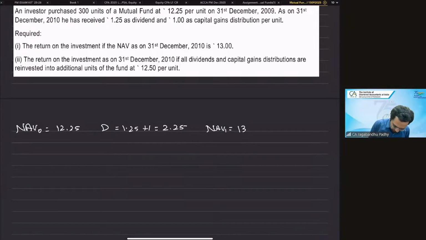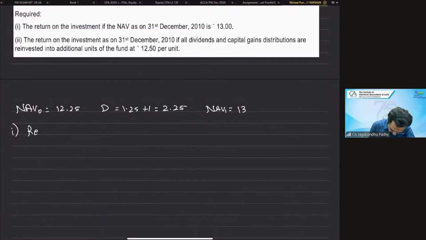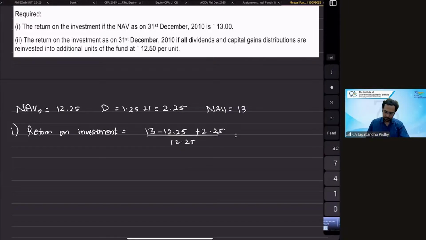So now for the first part, return on investment if NAV is 13. Return on investment is going to be 13 minus 12.25 plus the dividend distribution of 2.25, upon 12.25.